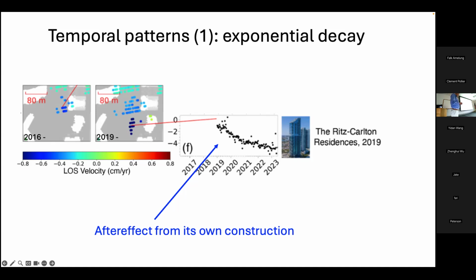When these buildings are constructed, what we see is only once the building is done. That's why the time series here starts in 2019. During the construction, there is significant subsidence settlement going on. Some of those high rises might settle by as much as 30 centimeters. But the high rise in its entirety settles. That is not really too much of a problem.